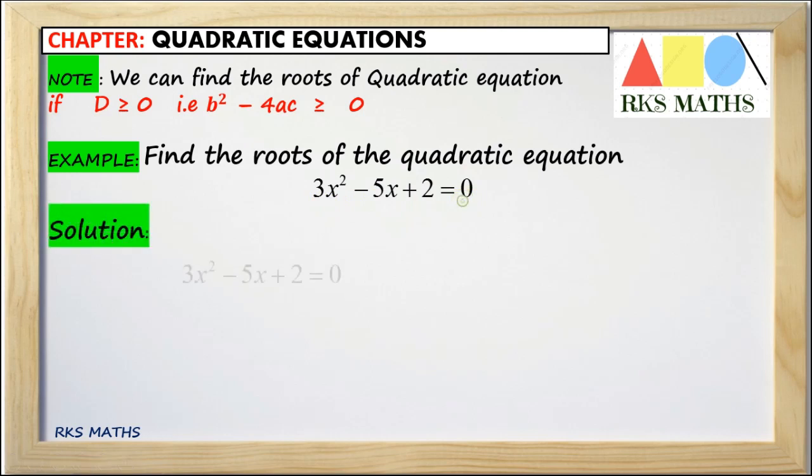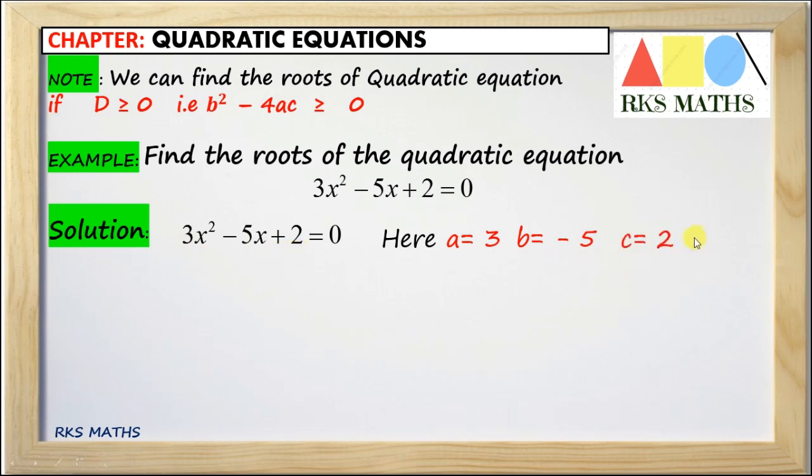Let us see the solution. For 3x square minus 5x plus 2 equal to 0, the coefficient of x square is 3, so a will be 3. The coefficient of x is minus 5, so b will be minus 5. The constant part is 2, so c will be equal to 2.